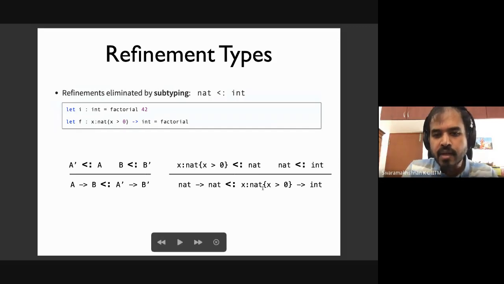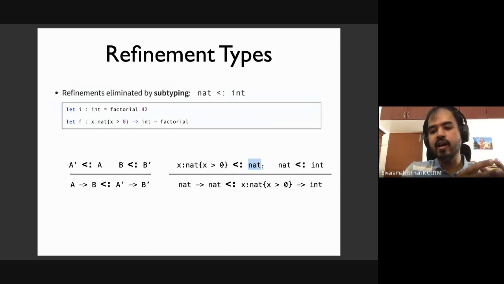But for the argument, you flip it around, right? You actually have to show that this type, which is any number that is greater than or equal to 1, which is greater than 0, is a subtype of natural number. It is true because if a number is greater than 0, then it is greater than or equal to 0, right?